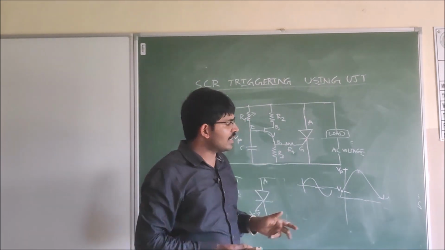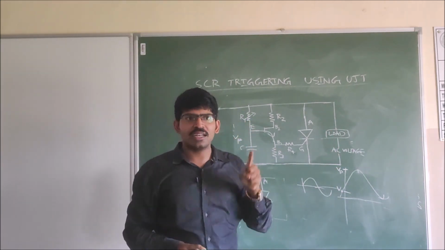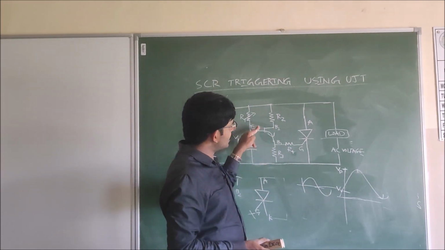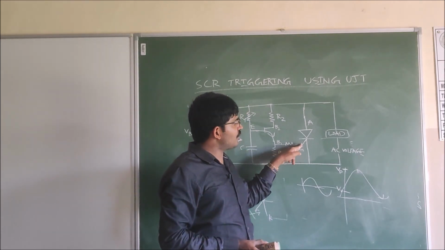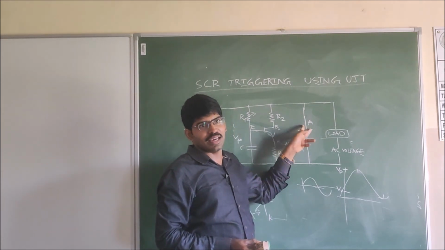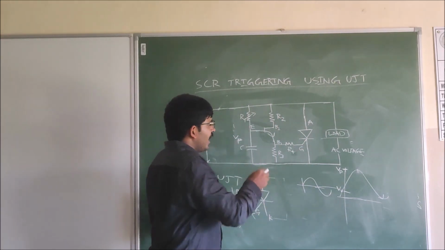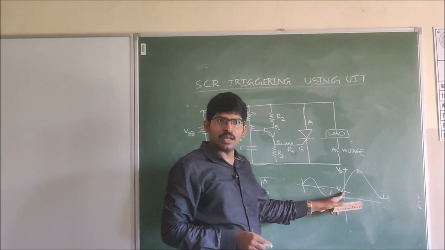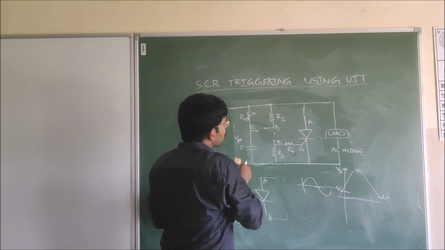When it reaches the peak voltage, the UJT gets turned on. At that time the capacitor discharges through R3, gives the supply to the gate, and the SCR will turn on. The capacitor will discharge until the valley voltage.